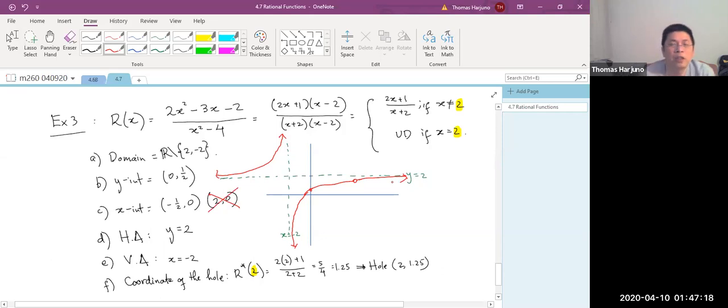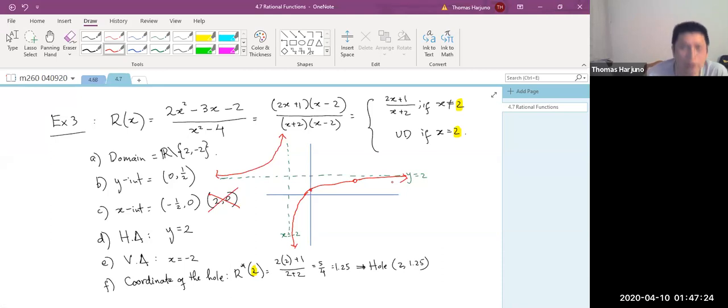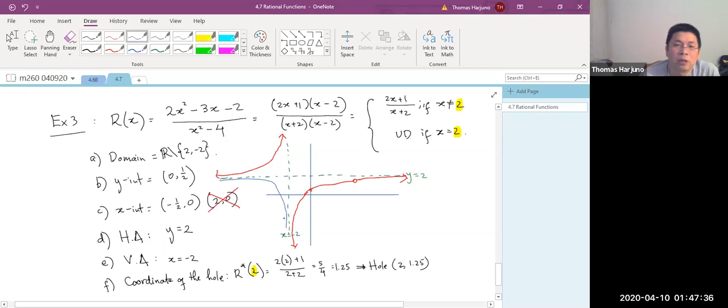You can think in two different ways to know why we go up, not down. The first way is to imagine if it goes down. Imagine I come from this horizontal asymptote and need to go to the vertical asymptote; I need to either go up or go down. Suppose I go down, what's wrong with this?